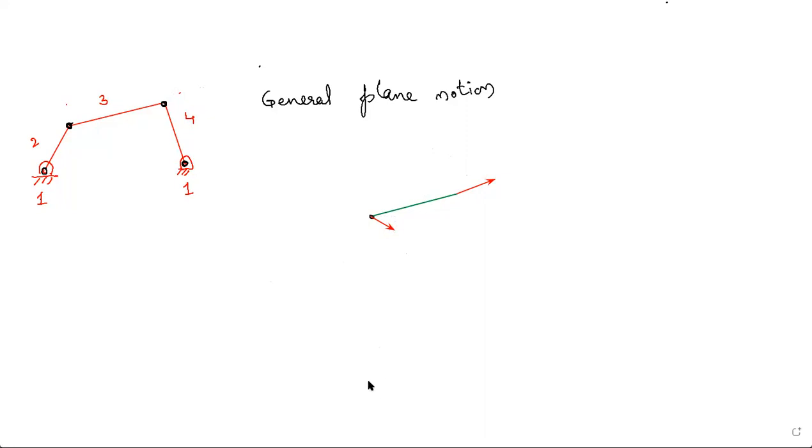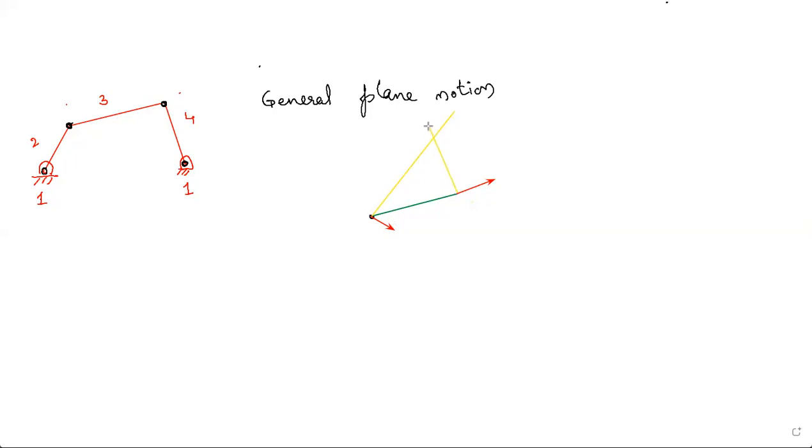told that the center of rotation is perpendicular to the velocity vector. Right? So the center of rotation is perpendicular, which means I can take a perpendicular in this manner over here. Similarly, I can take a perpendicular over this one also.